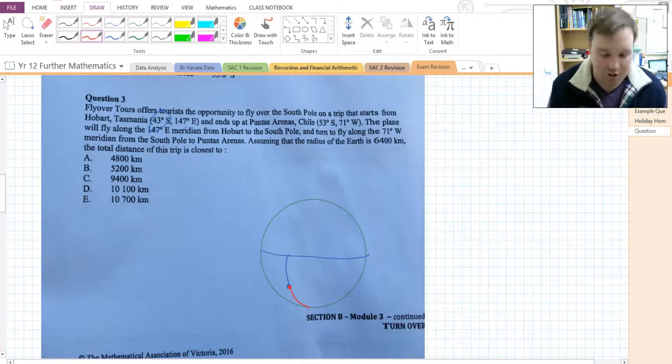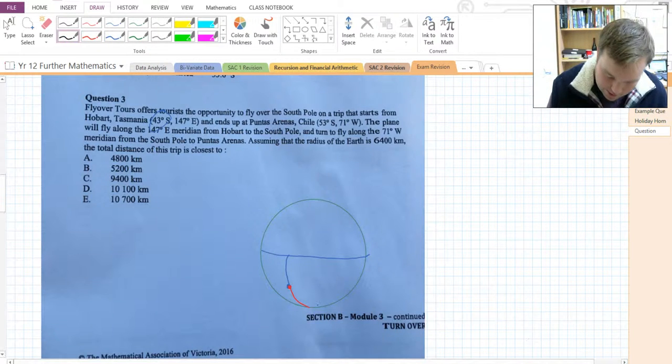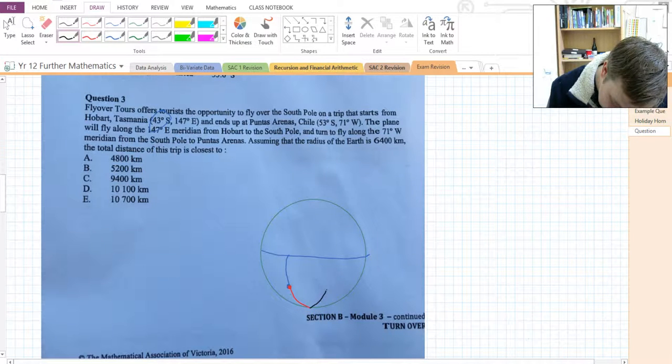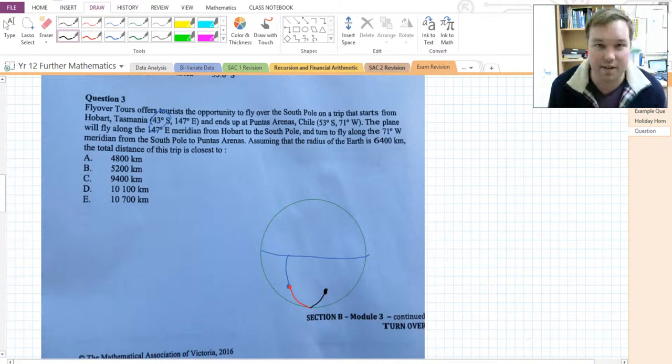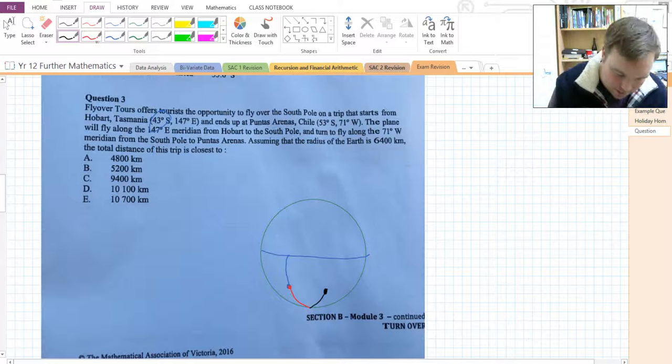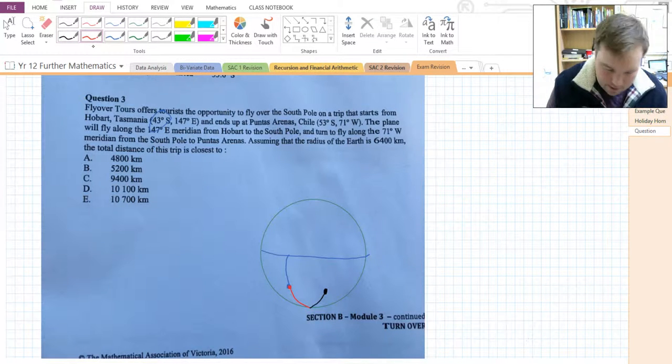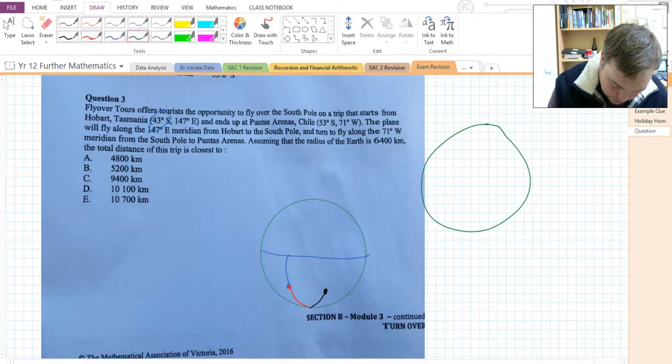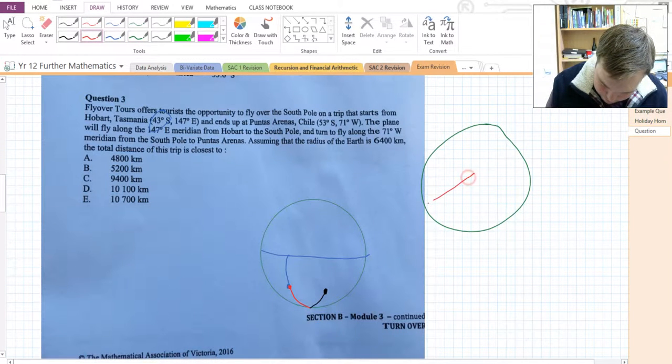And then they're changing direction, so you can think about it almost as a separate part of a circle, to head up to somewhere in Chile. And they're going to go up like this, to some point in Chile, not directly on the other side of the world. So really, there's two parts to the diagram there. There is the first flight from Hobart to the South Pole, which goes from 43 degrees south to 90 degrees south.